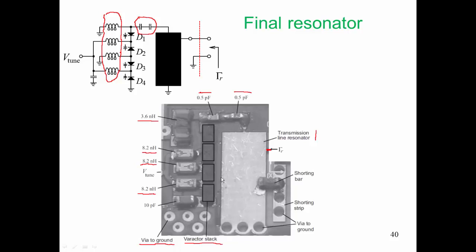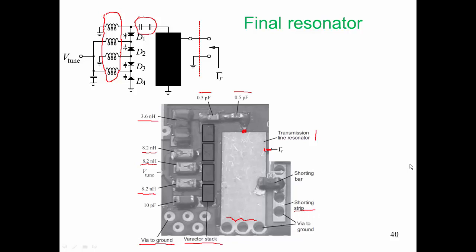Let's look at this transmission line again, because it does seem a little bit strange. We have a connection to the transmission line here, we have a connection to the transmission line here, and we have several vias across the bottom, and then we have this shorting strip. So what is going on here?